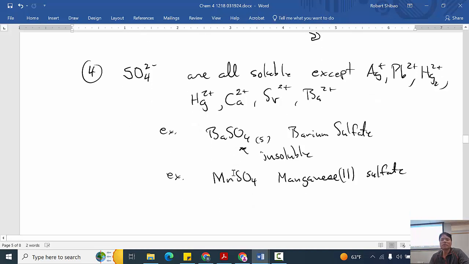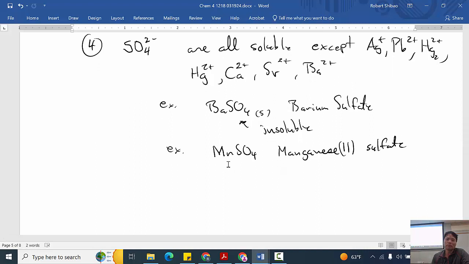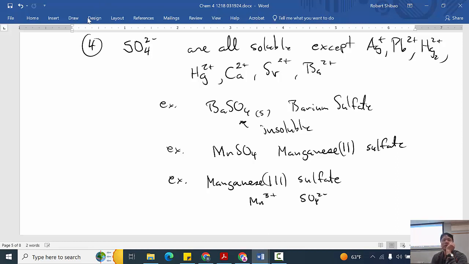Whereas barium, why didn't we have to do the same thing with barium? Yeah, it only has one charge. Tell me what the formula for manganese 3 sulfate is. The way I do it is I do 3 here, and then sulfate is 2 minus.